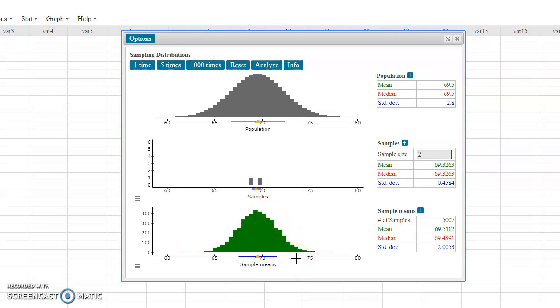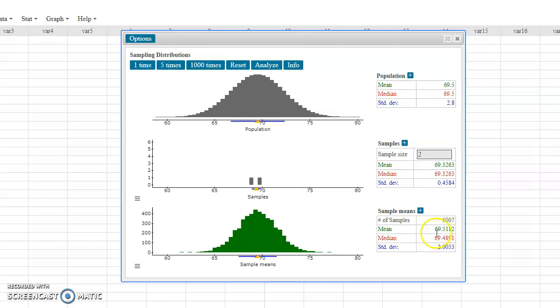So let's look at 2 things. One, let's look at the mean of the 5,007 means, the standard deviation of the 5,007 means, and the shape of the distribution of the 5,007 means. So the mean is 69.5.